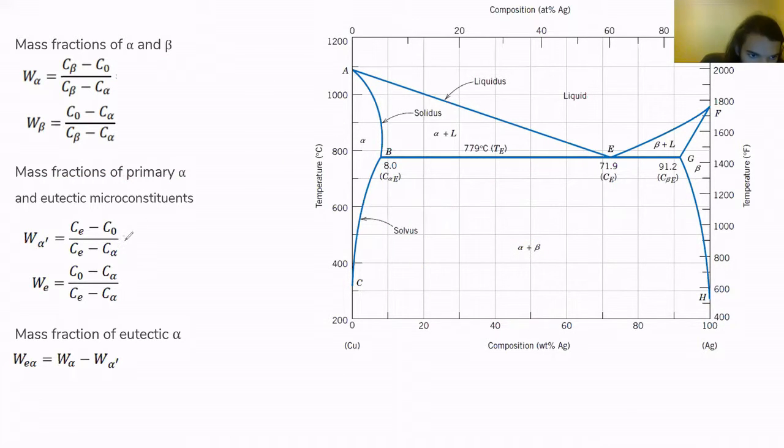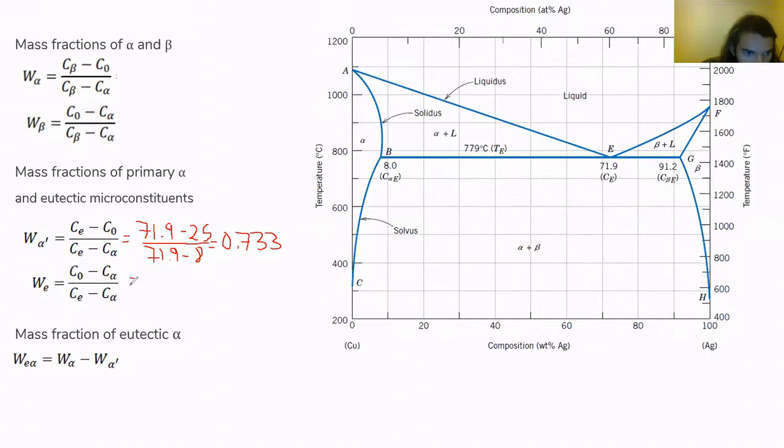So 71.9 minus 25 over 71.9 minus 8. This is equal to 0.733.